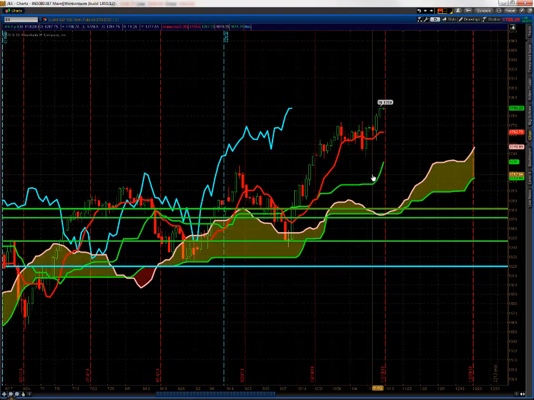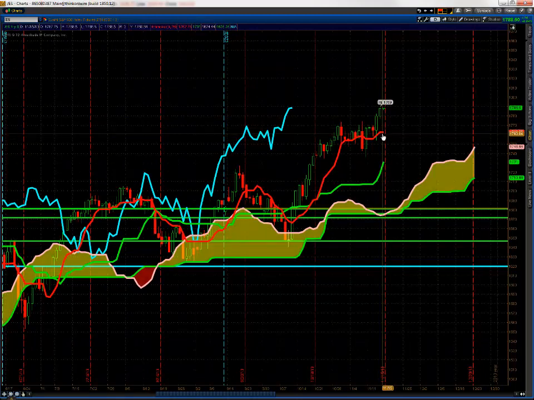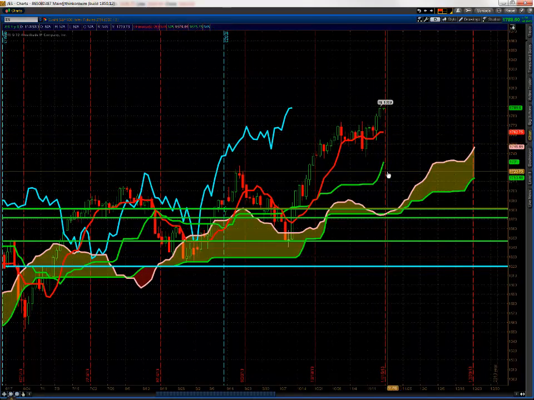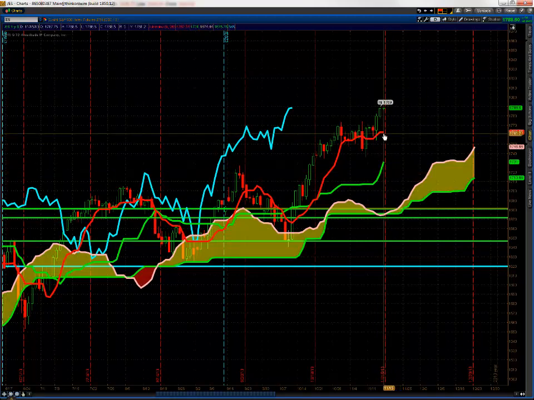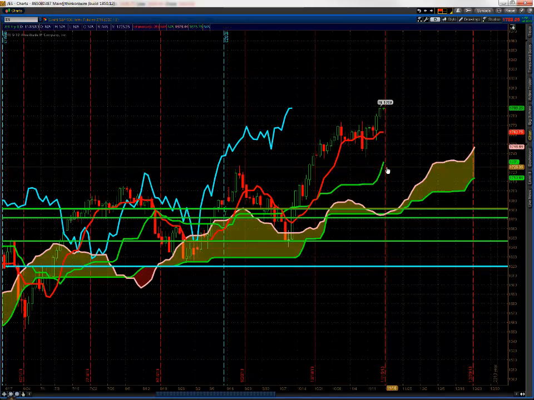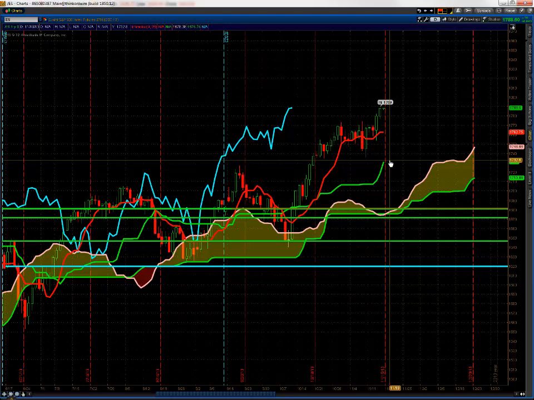If you are a pullback trader in the S&P 500 futures, you can buy any pullback to the 9-period moving average and have your stop under the 26. Maybe you're like, oh, this market's too high, I didn't want to buy it up here. Wait till it pulls back to the 9-period, 1760, have a stop at 1725. That's fine. It just depends what kind of trader you are.